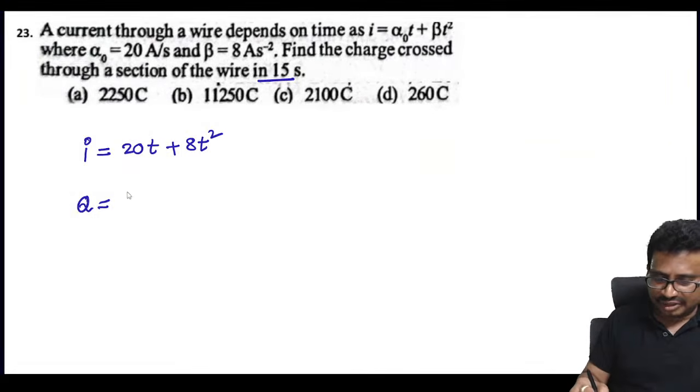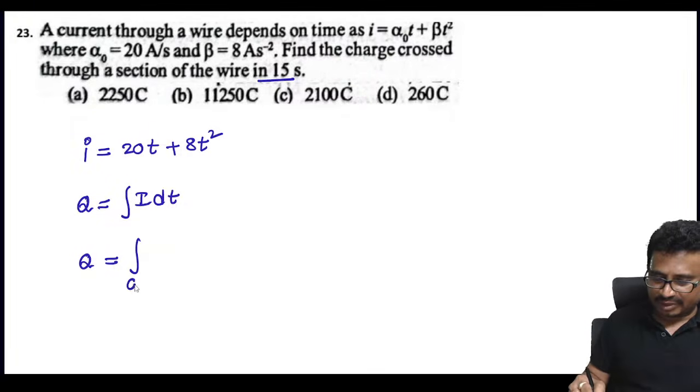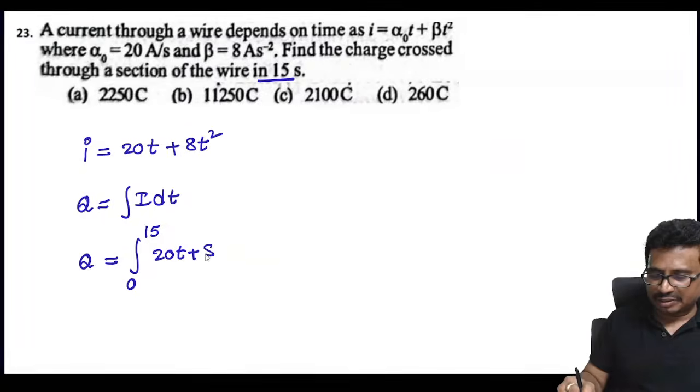And how to get the charge now? Integral of I into dt. So simplify this and get the value. The limits are 0 to 15, I that is 20t plus 8t square into dt.